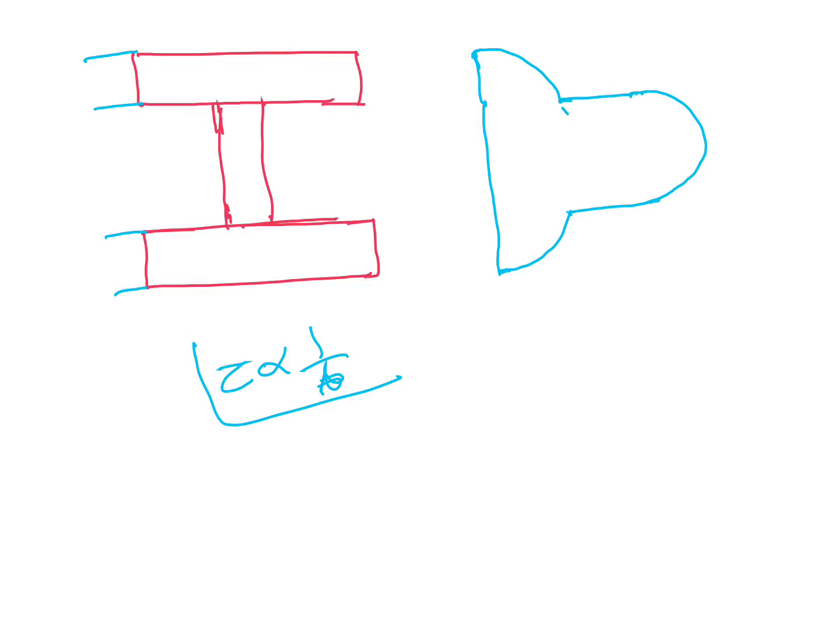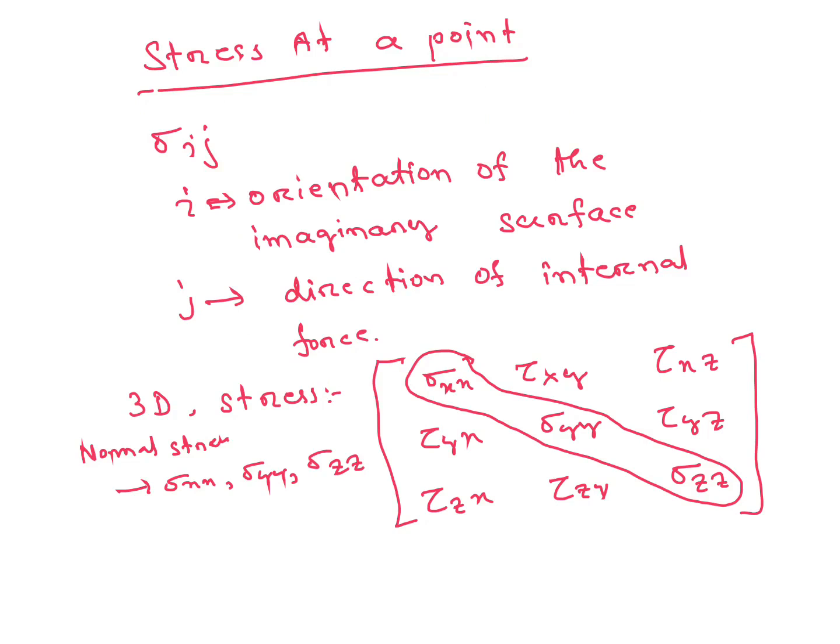For stress at a point, one more thing I forgot to tell. Here, independent stress components required. That question also they are asking, IAS and ISRO. So for 3D stress, because tau xy and tau yx both are same, so one you have to take, either upper triangular or lower triangular, upper side of diagonal or lower side of diagonal.